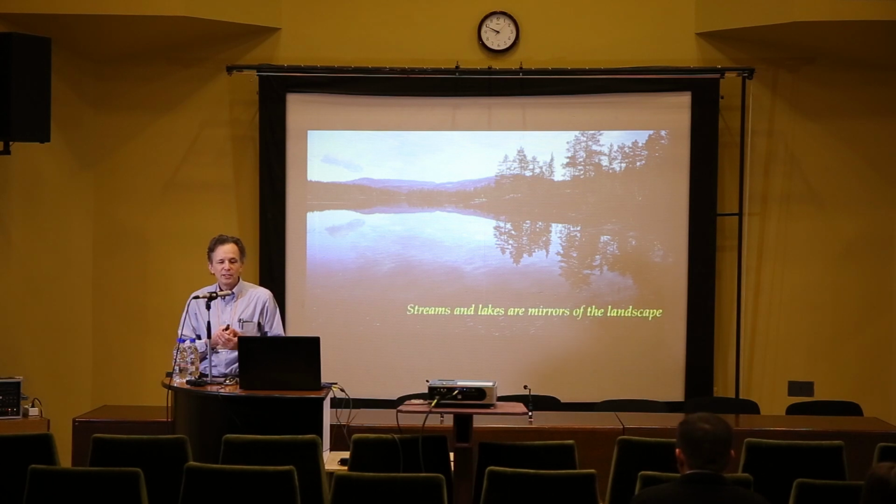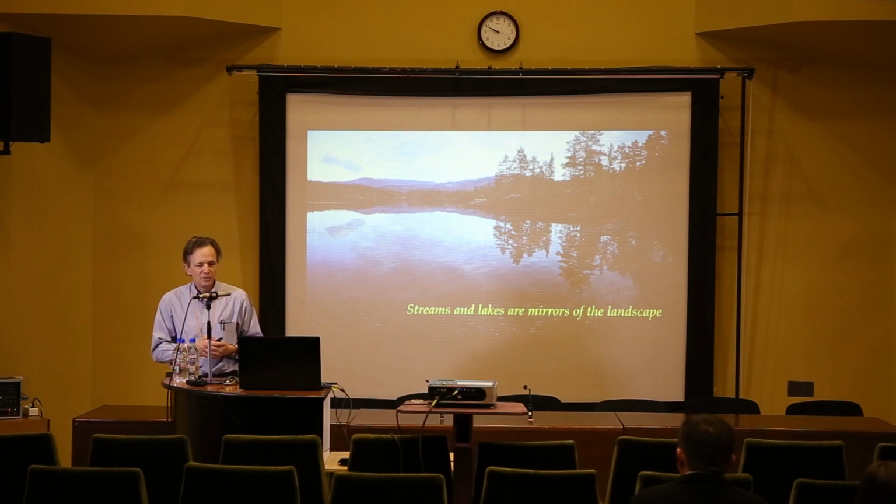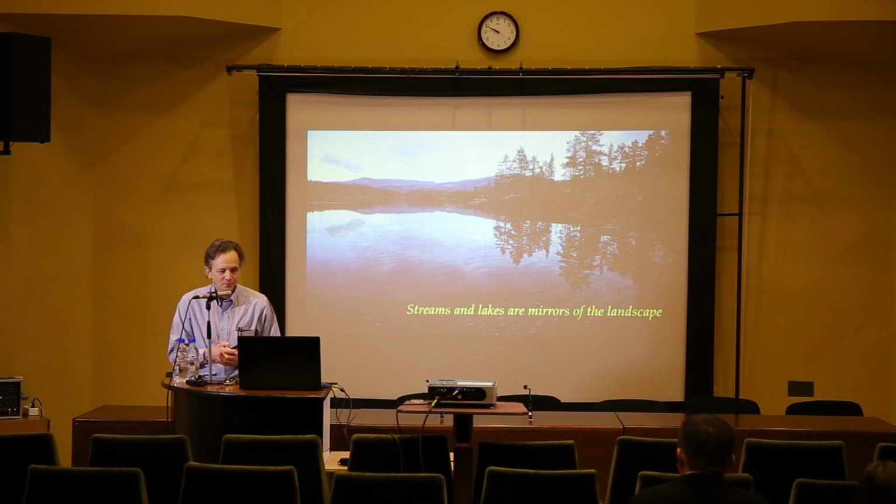Or to borrow a phrase from my friend Kevin Bishop in Sweden, streams are mirrors of the landscape that reflect the physical integration of the processes in their surrounding catchments.